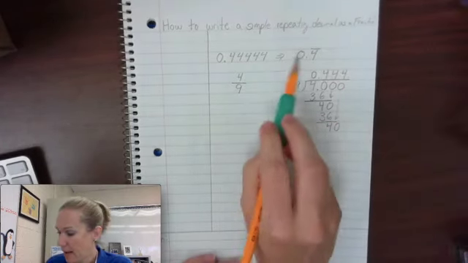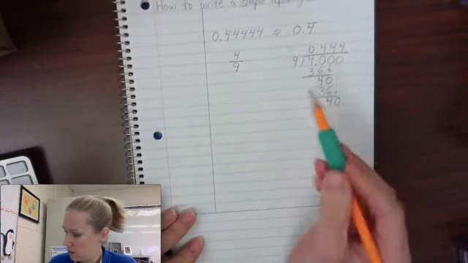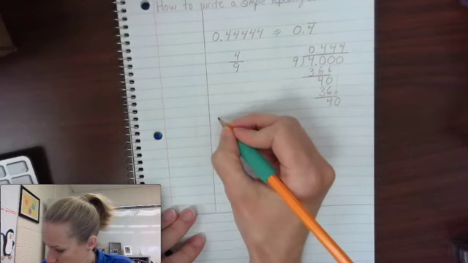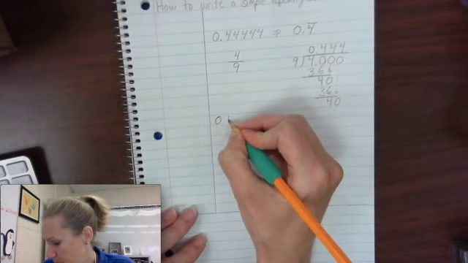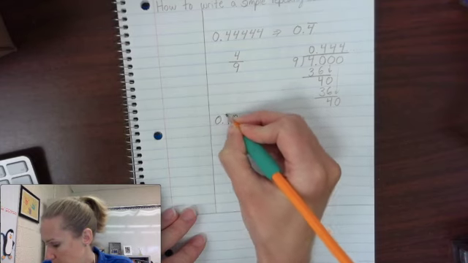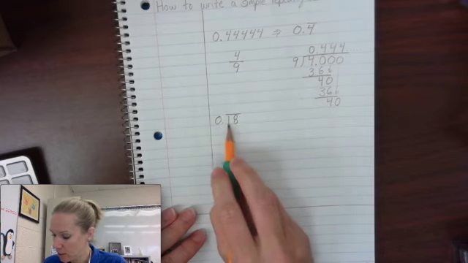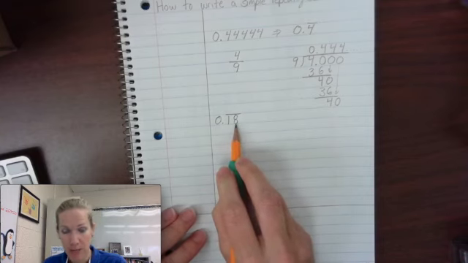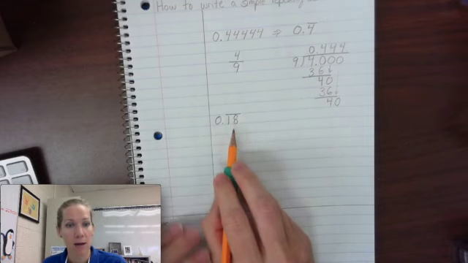Okay? Now what happens if this is bigger than just one digit? So let's choose 0.18 repeating. Now you can see this goes out to the hundredths place. So if there wasn't a repeating sign, you would put it 18 hundredths.